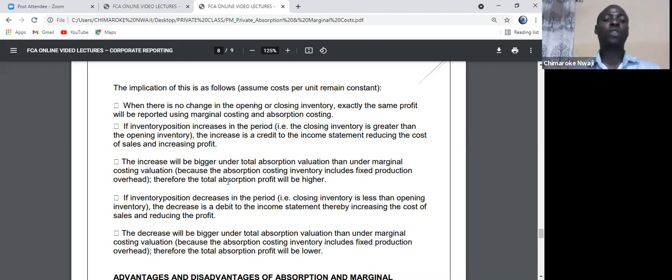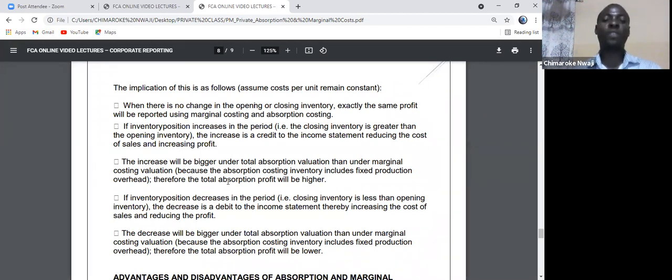And when your cost of sales reduce, what happened to your profit? Your profit will increase. So take note, when your closing stock is higher than your opening stock, it means inventory position will increase. When inventory position is increased, your cost of sales is reduced.